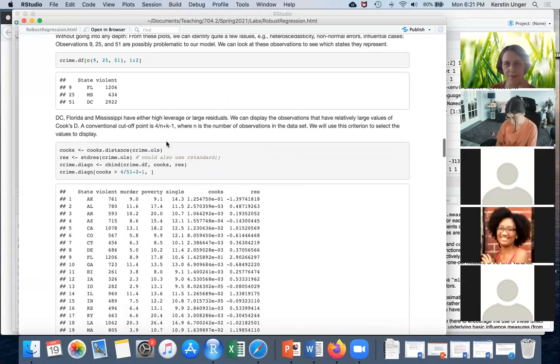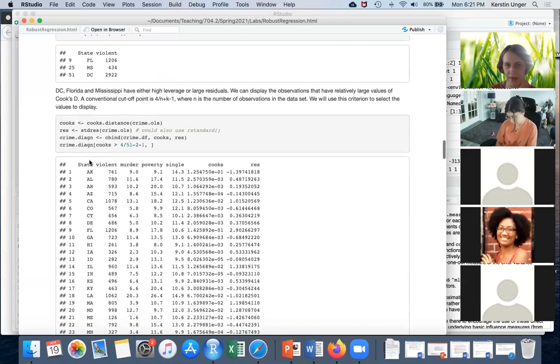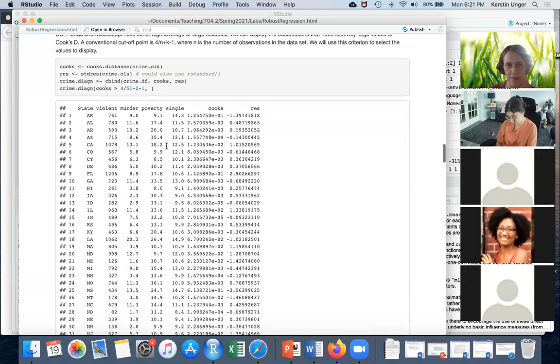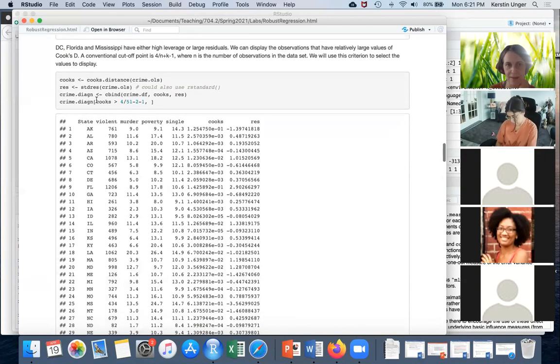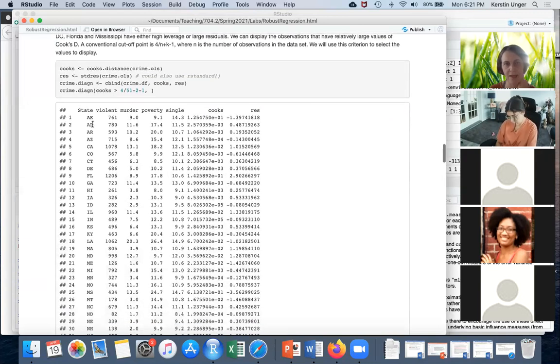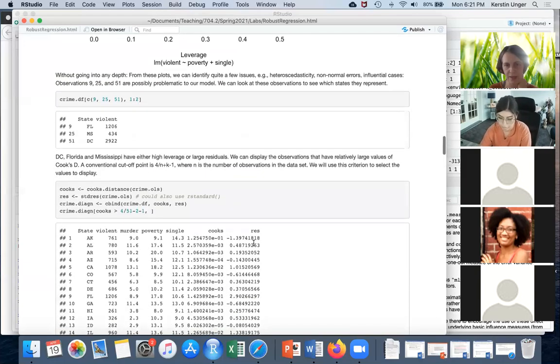Right, so that is our regular cutoff point here for Cook's distance, and you can calculate that for this data set as well. With all your regression diagnostics, you just add Cook's distance and your standardized residuals to your original data set.